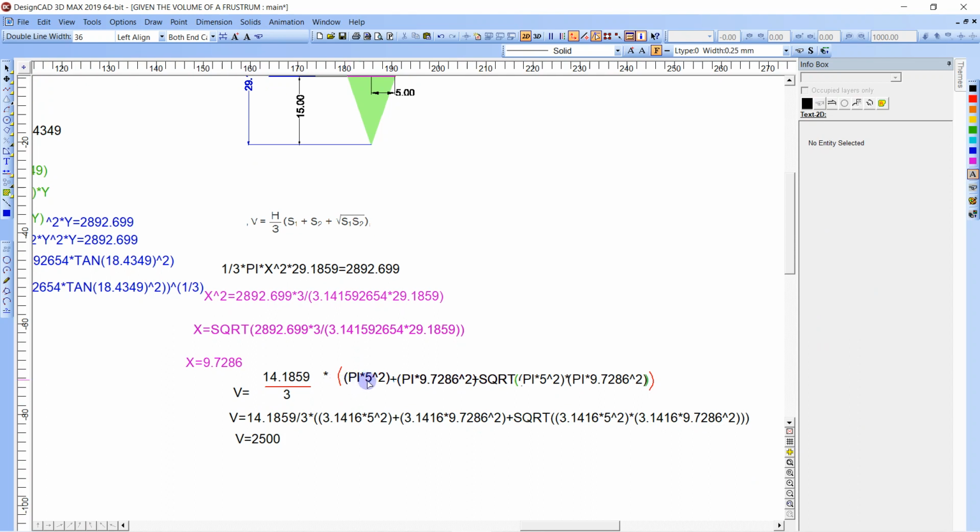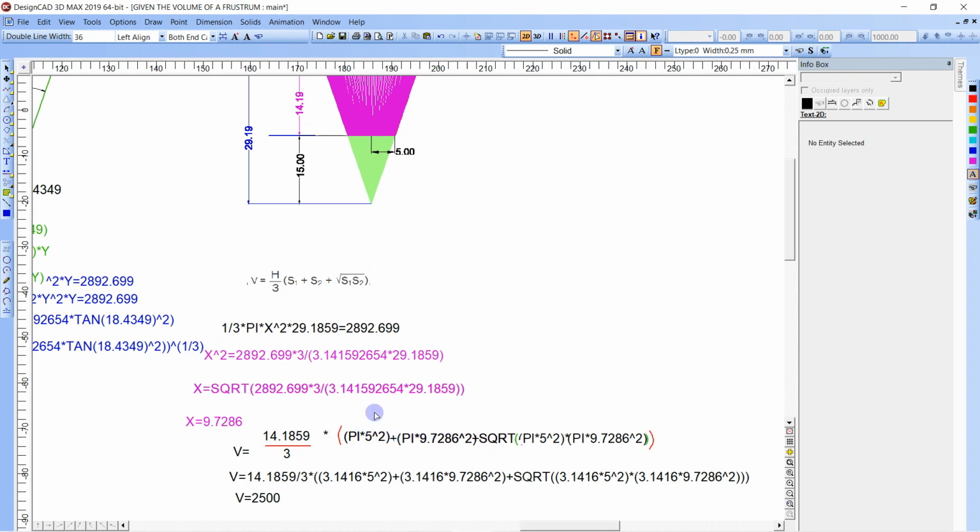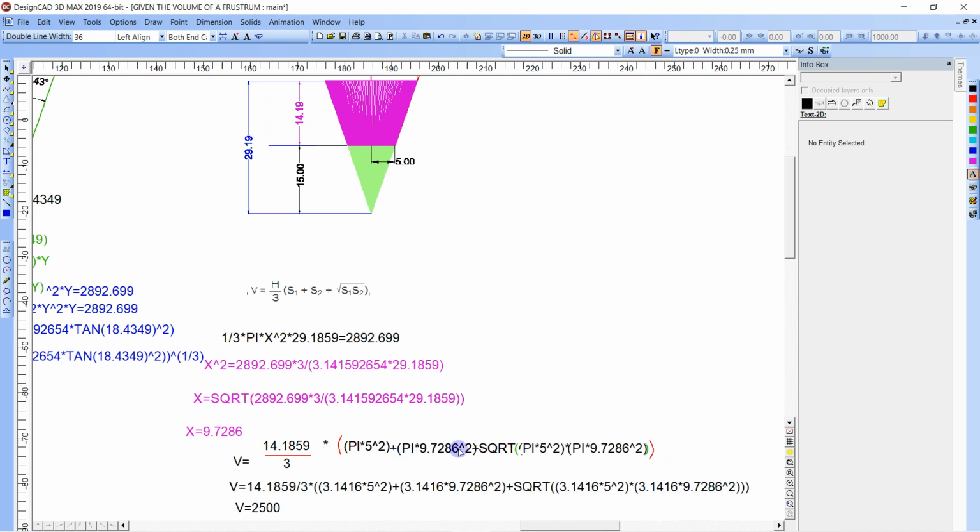So then I have is equal to radius 1, which is P5, pi times 5 squared. That's P1 and P2 got switched, right? So P1 is at the bottom, plus pi times the top radius squared.